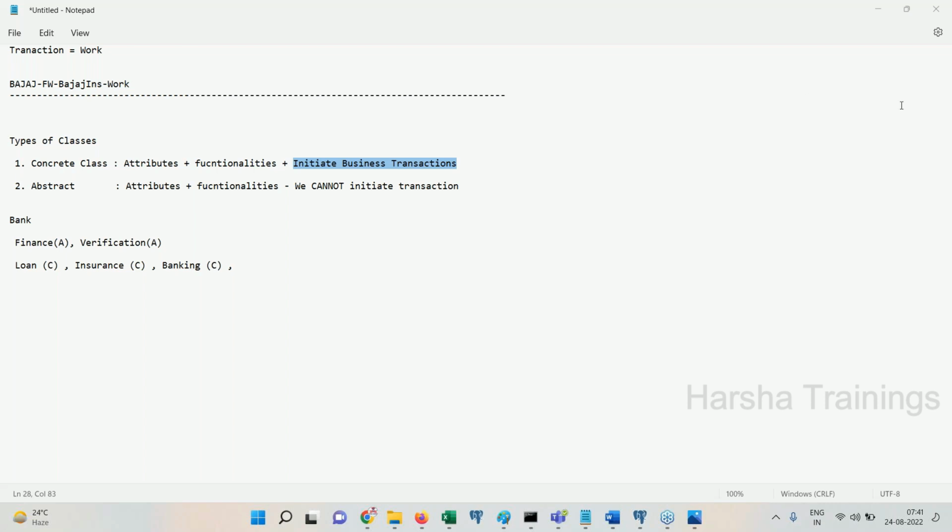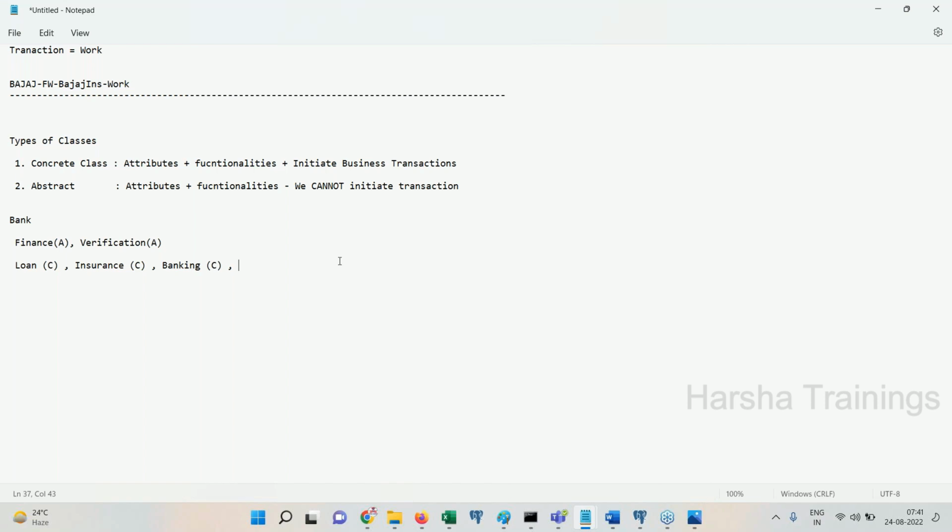Now you see here. If I look at this concrete class definition and abstract class definition, concrete classes are the ones where business transactions can be initialized, but not in the abstract classes. What is the necessity? Is it mandatory that an application should have abstract classes?